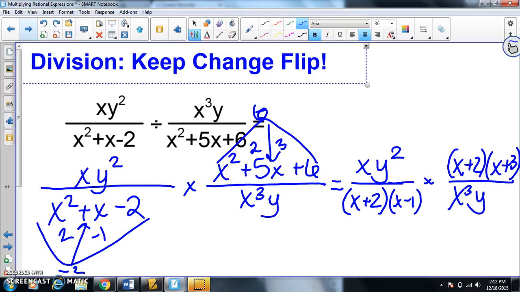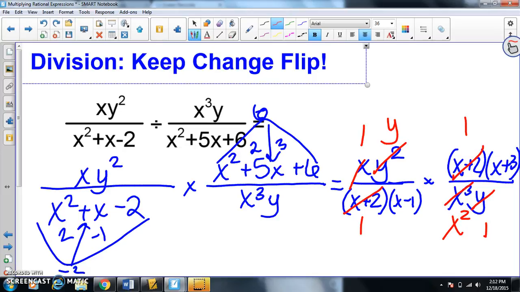Then I need to simplify. So anything in my numerator that is in my denominator, I'm going to reduce. This x and x cubed to be 1 and x squared. This y squared and y to be 1 and y. X plus 2 I can cancel with the other x plus 2 to be left with 1 and 1.